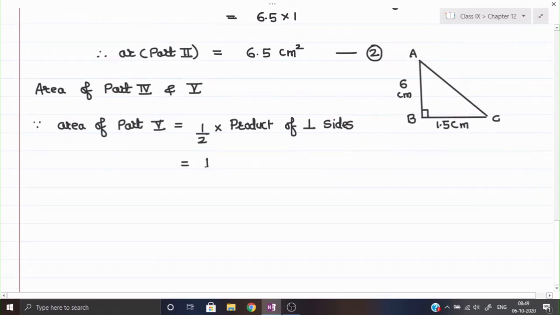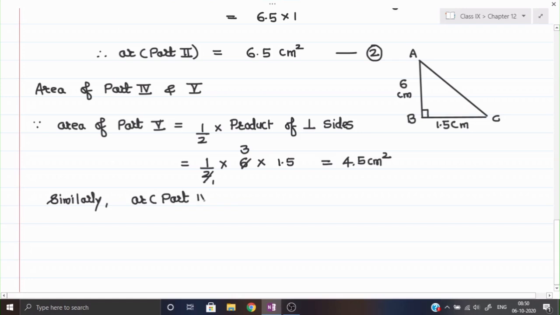So 1 upon 2 into, we can say one side is 6 centimeter and one is 1.5. Now 2 and 6 we can cancel. So this will be equal to 4.5 centimeter square. That will be the area of part 5. Similarly, the area of part 4 would also be equal to 4.5 centimeter square.